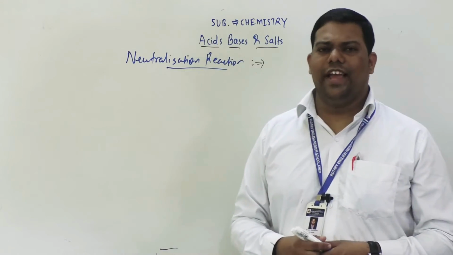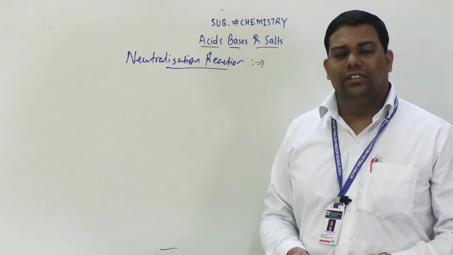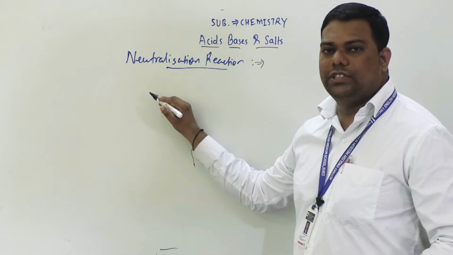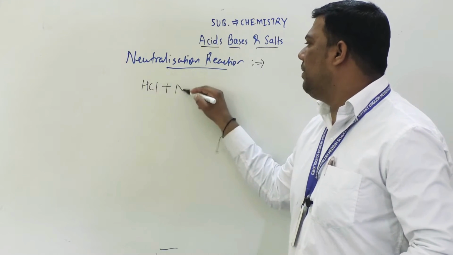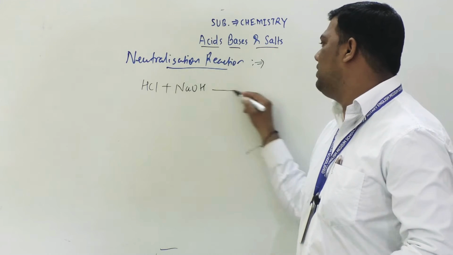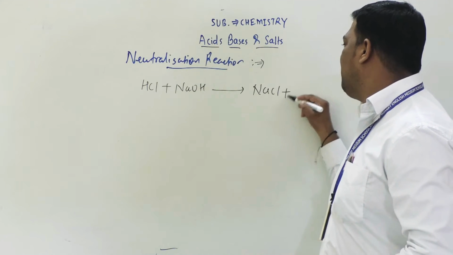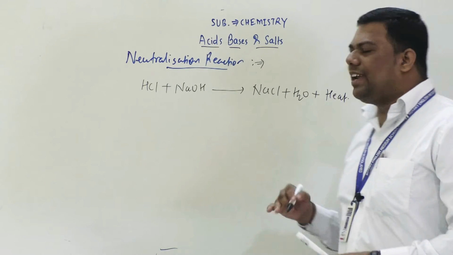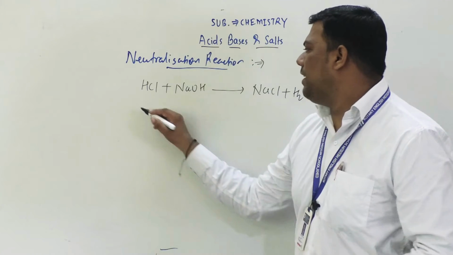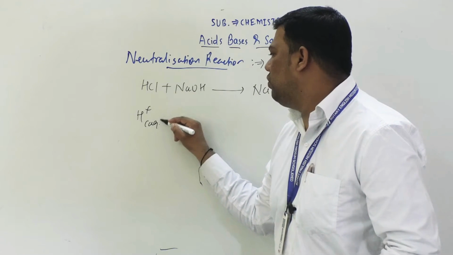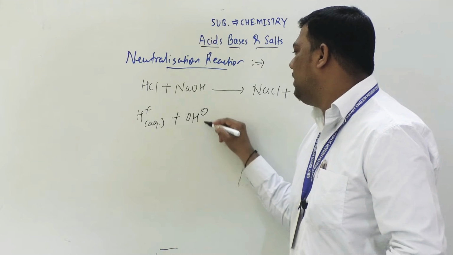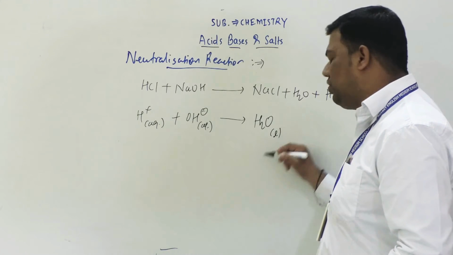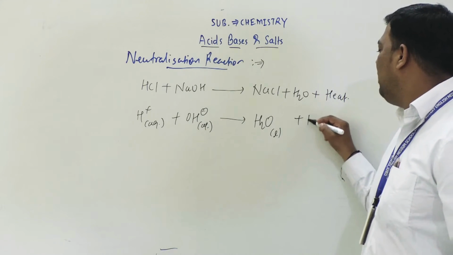As you know, the general reaction is HCl and NaOH, which gives NaCl plus water. You are familiar with this reaction: HCl plus NaOH, acid and base, gives NaCl plus water plus heat. Or we can write it in this fashion: H+ in aqueous solution plus OH- in aqueous solution gives water, H2O liquid, plus heat.